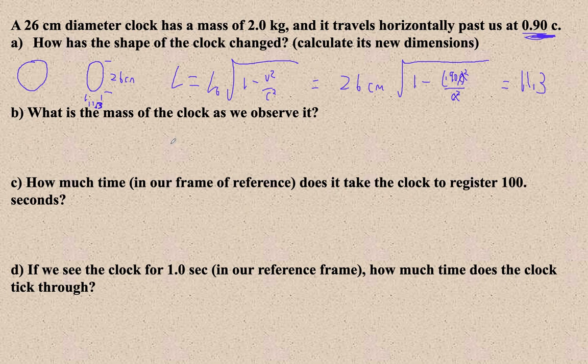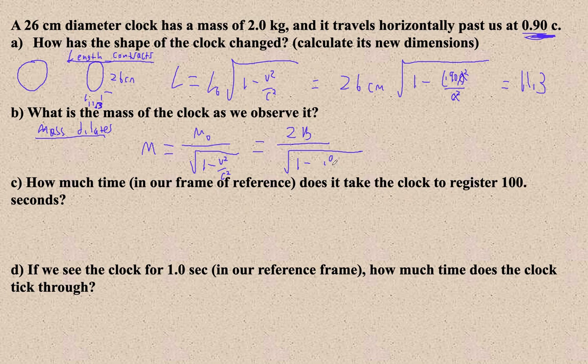What is the mass of the clock as we observe it? Well, the mass increases. Length contracts, mass dilates, which means it gets bigger. The mass is going to be its rest mass divided by that factor, which is less than 1.